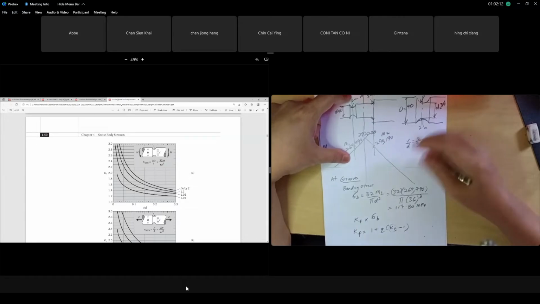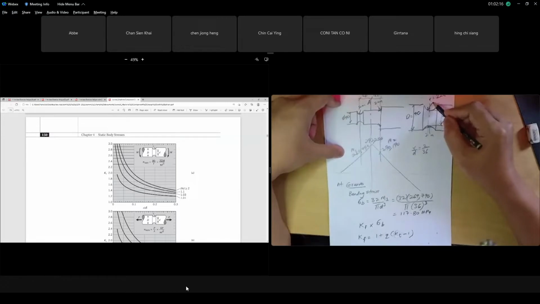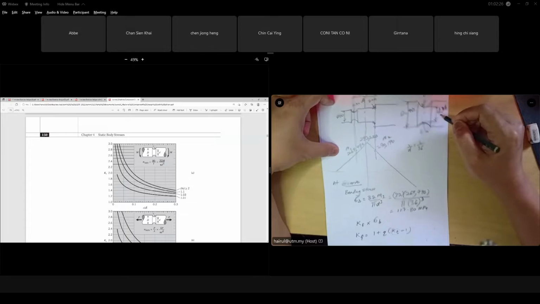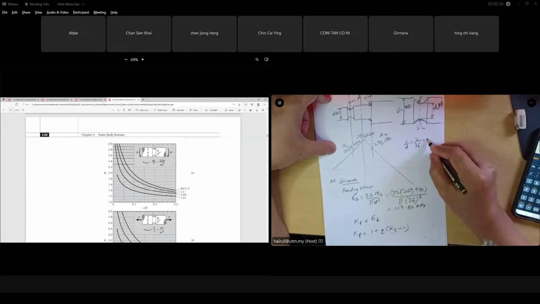The groove radius is given as 2 mm and the small diameter is 40 minus 4, so 36. So r over d is 0.06.